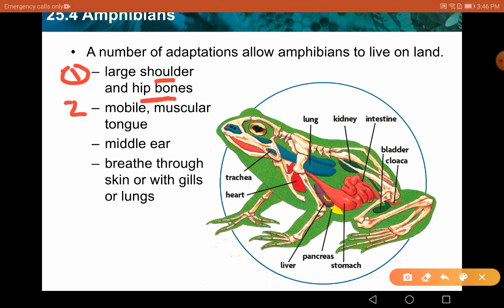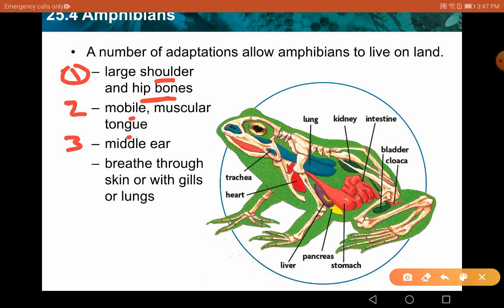Number two, a mobile muscular tongue. All of us know how amphibians like frogs get their food by catching flies, for example, using their flexible, long tongue. Number three, they have something that wasn't in their previous ancestors: the middle ear.